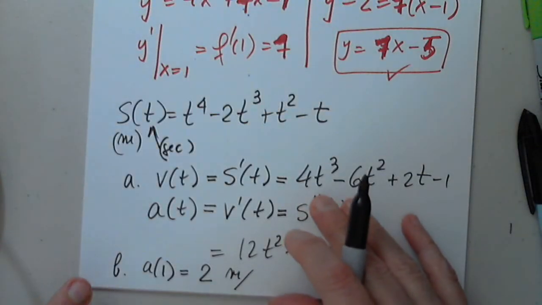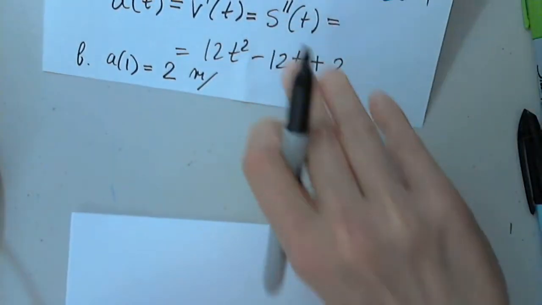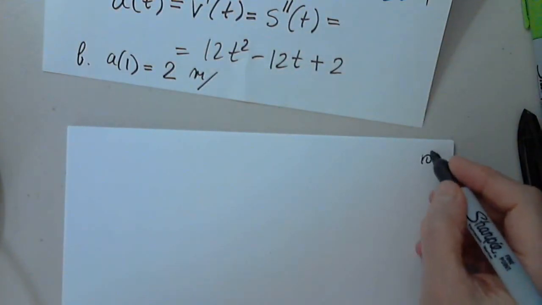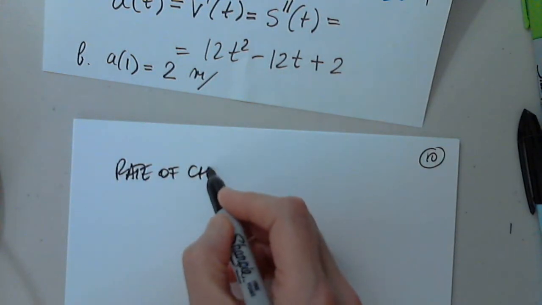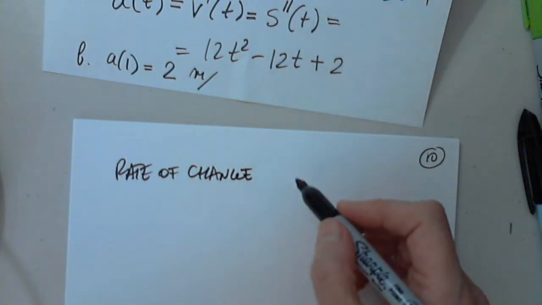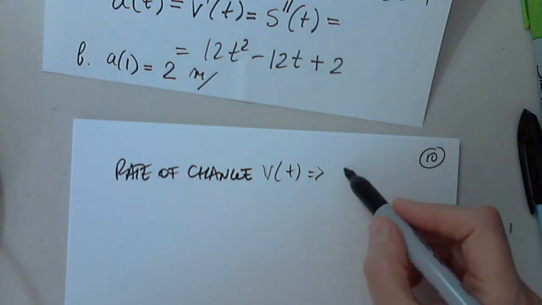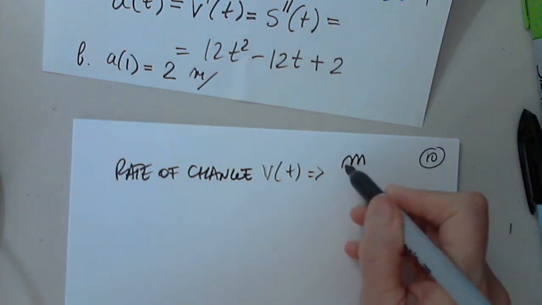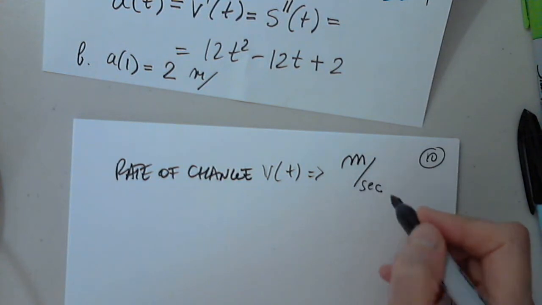Okay, let's talk about this, and then I'll come back. Any rate of change has 2 measurement units. If it's velocity, it's meters, the rate of change of distance for this problem, with respect to time, which is seconds.